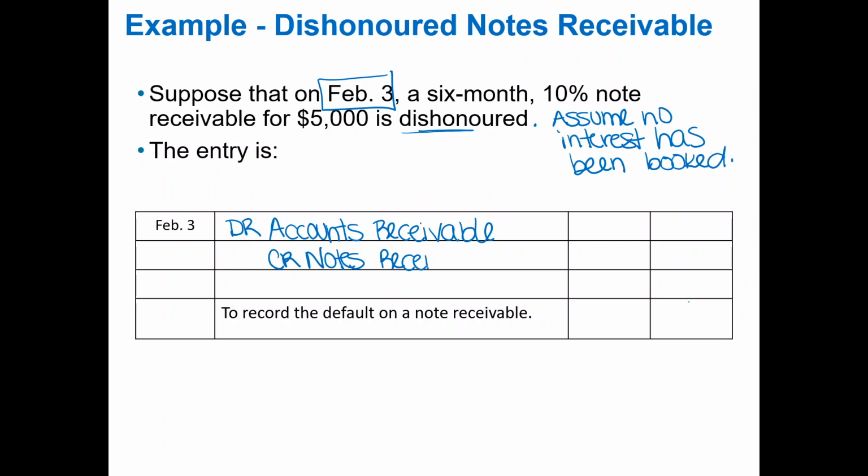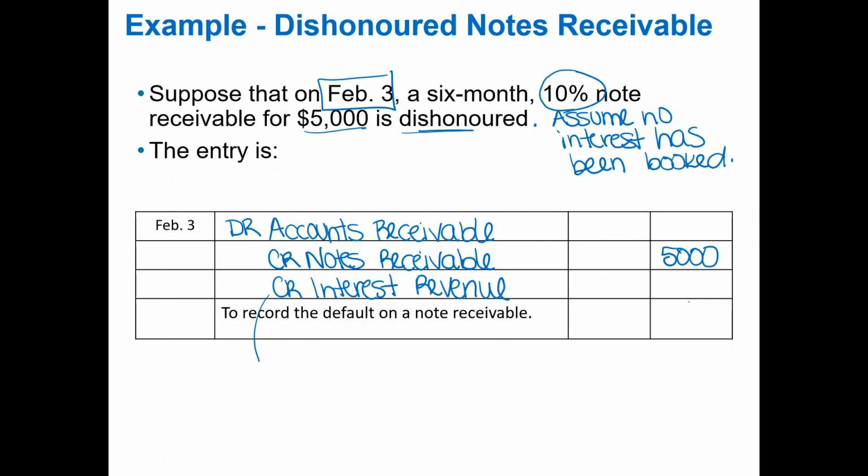And we're taking it out of this note account and transferring it to AR. So the note is $5,000. And the 6 months has already passed. So we want to record the interest that we've earned. We've lent this money, we've earned the interest. So we still book interest revenue in the same way that we would have previously done that.